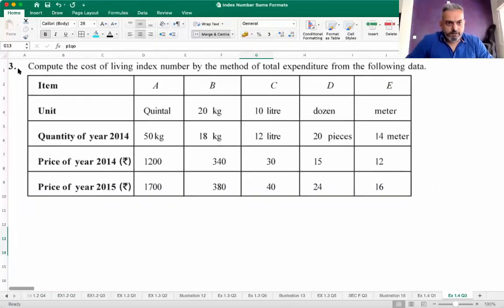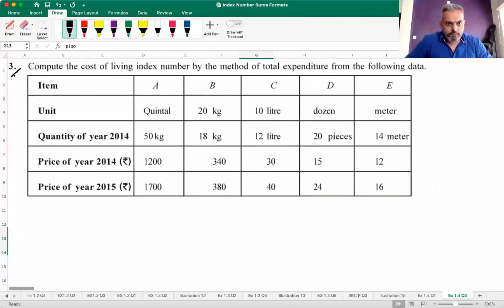In this question, we have to compute the cost of living index number by method of total expenditure.